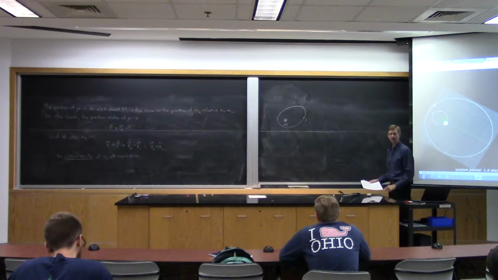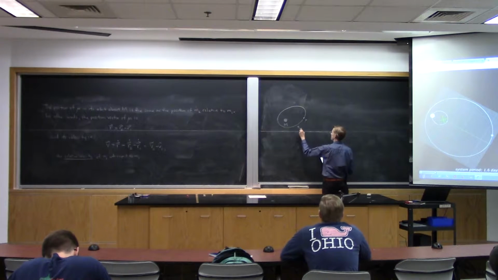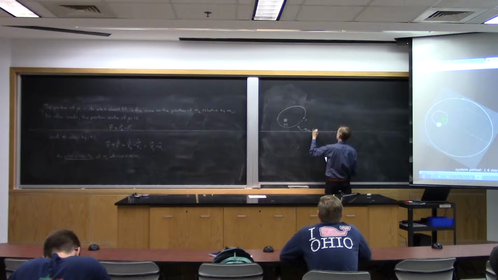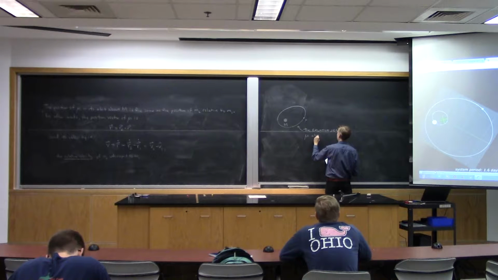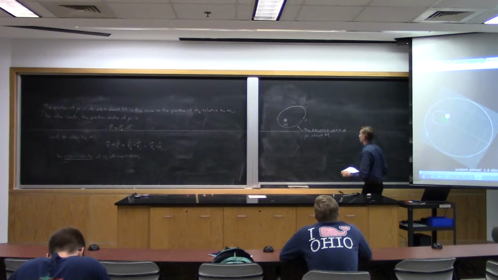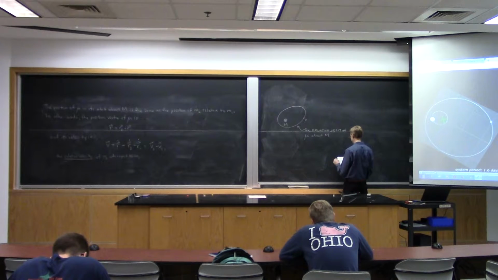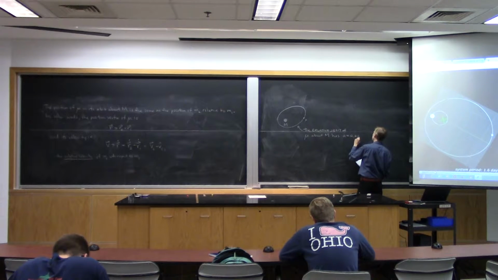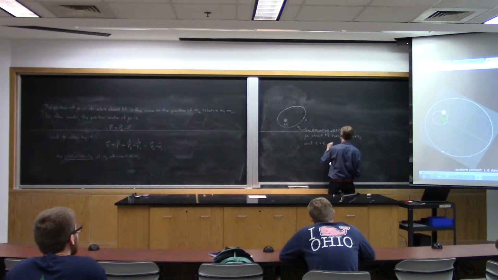Mu orbits M on the relative orbit. Relative orbit of mu about M has A equal to A1 plus A2, and E equals E1 equals E2.